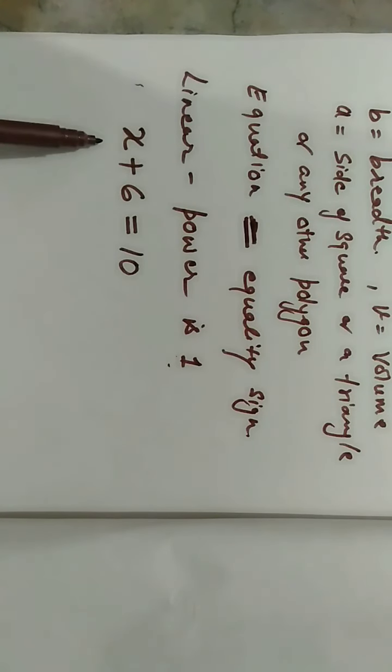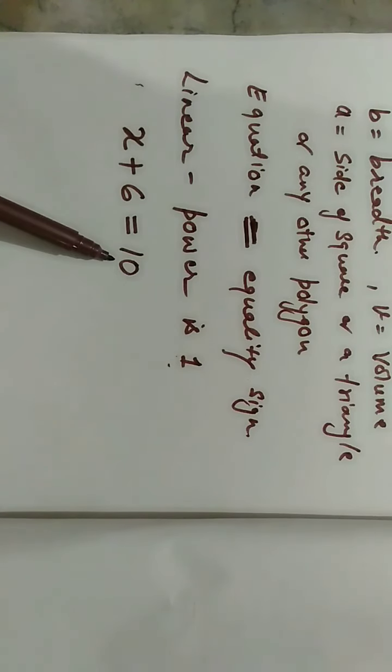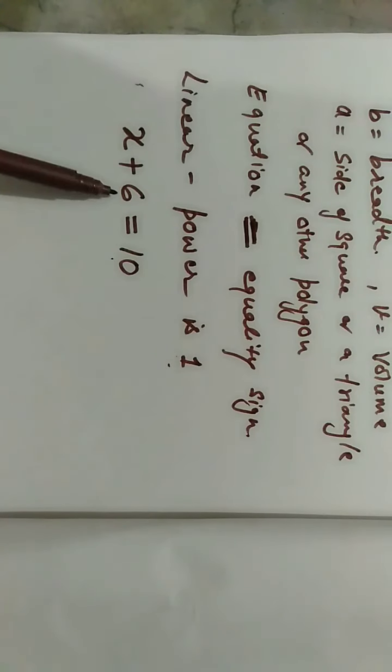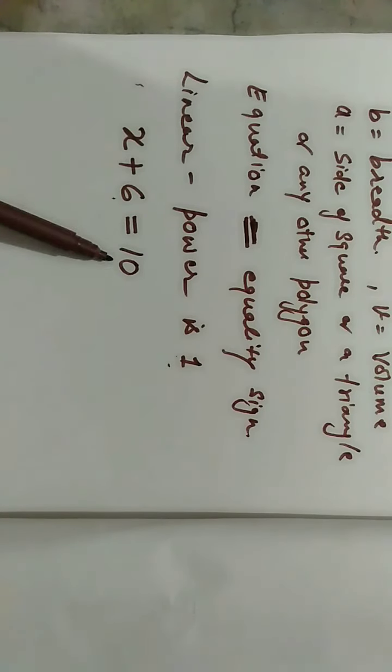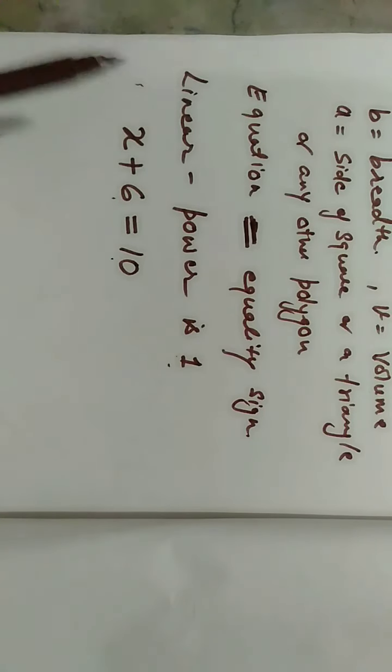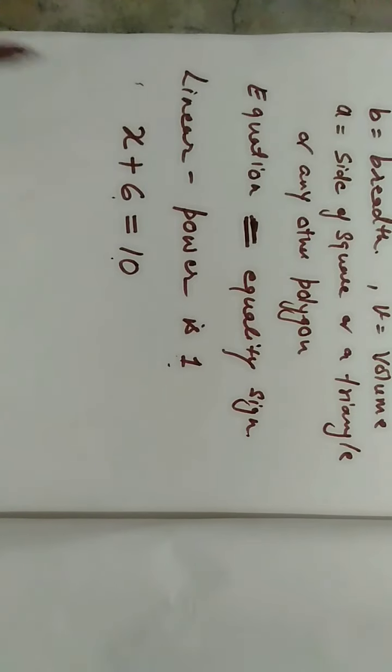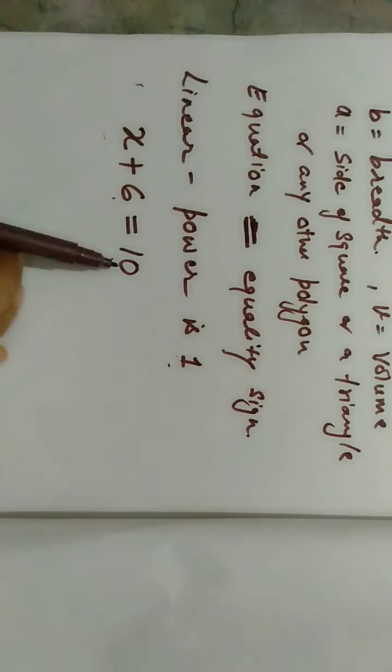It is a linear equation. x plus 6 is equal to 10, where the power of x is 1, 6 is a constant and 10 is also a constant. Then it is said to be a linear equation. So it is said to be a linear equation in one variable.